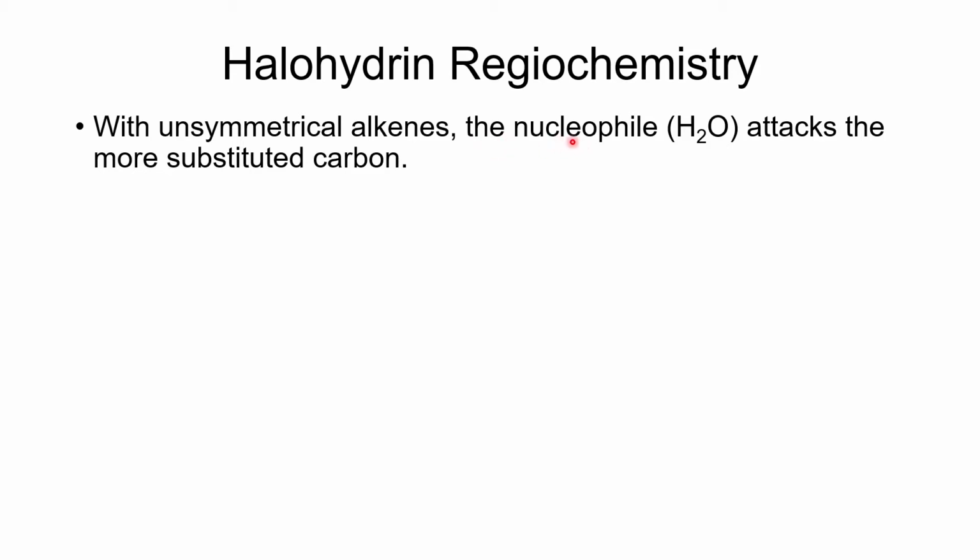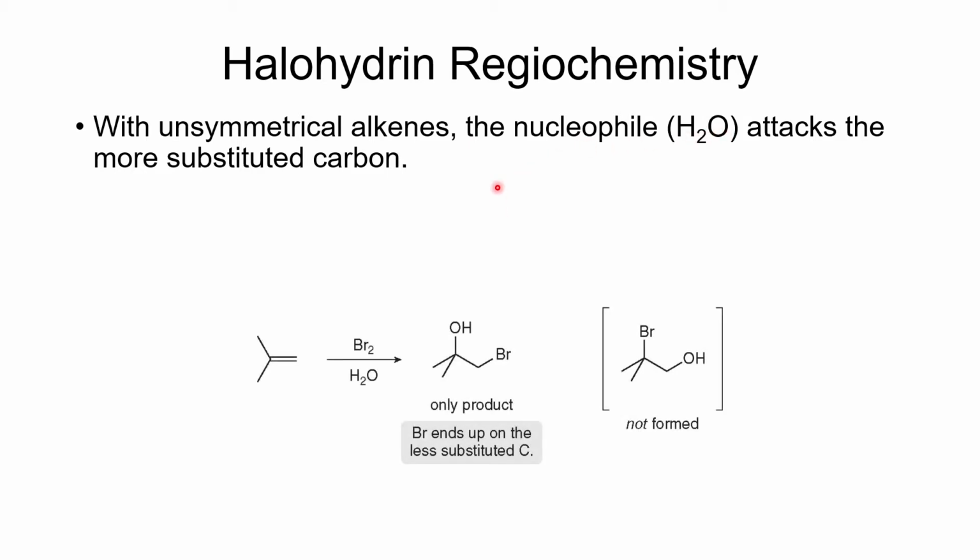The nucleophile, H2O in this case, is going to attack the more substituted carbon. So the bromine, again, does the bridged bromonium ion in this case, and then the H2O is going to go as a nucleophile and attack the more substituted carbon. As a result, our OH ends up on the more substituted carbon.